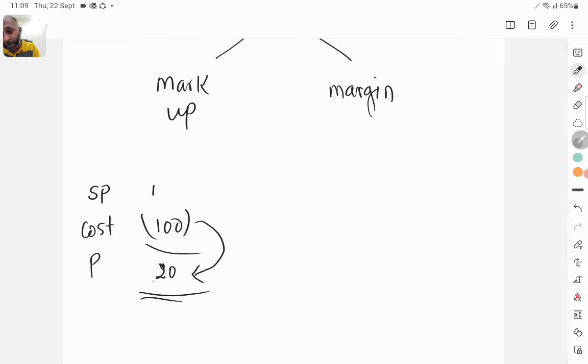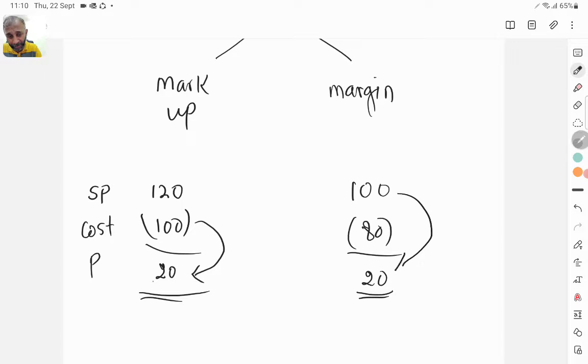So the selling price will be 120. Whereas if the selling price is 100 and the cost is 80, and the profit is 20, now the profit is based on the selling price, that is margin. So this difference you should appreciate and understand when it comes to markup and margin.